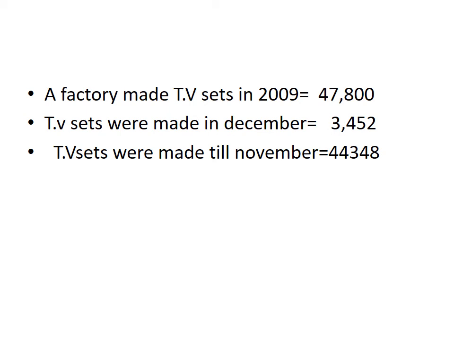And the 10's place number is 9, right? 10 minus 2, 8. 9 minus 5, 4. 7 minus 4, 3. 7 minus 3, 4. And 4. Double 4, 3, 4, 8. TV sets made till November is equal to 44348.